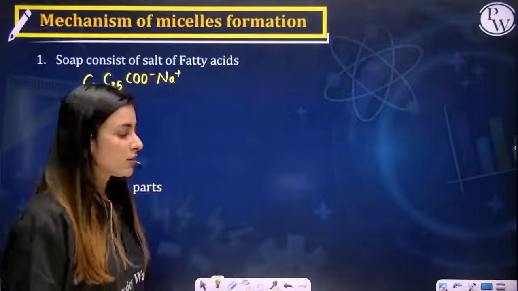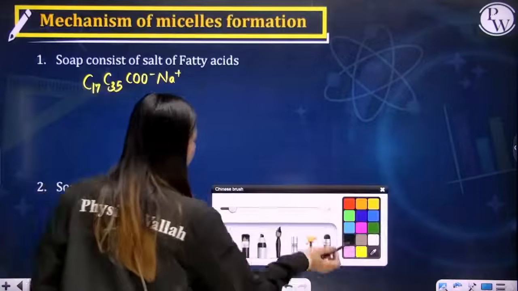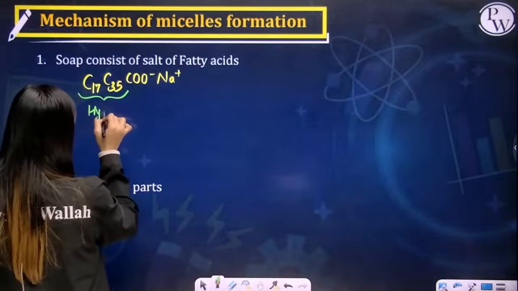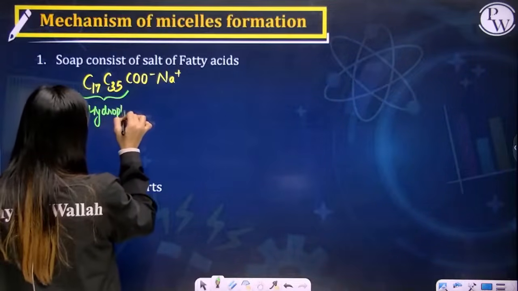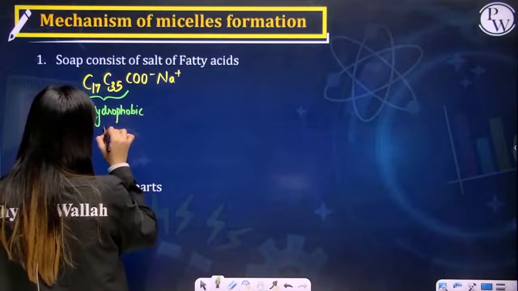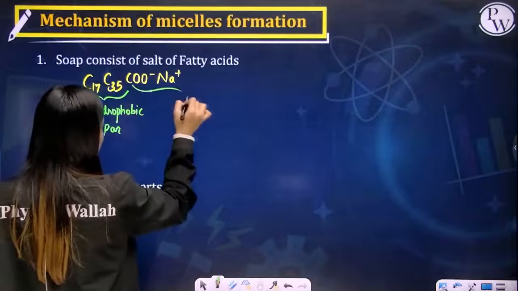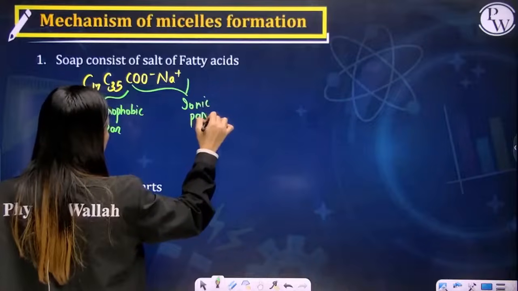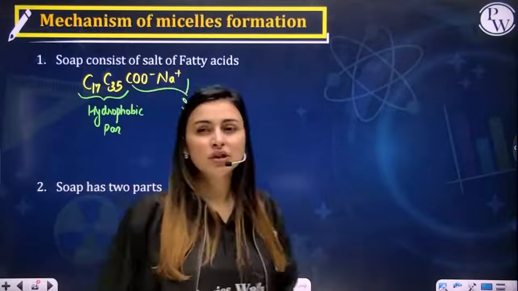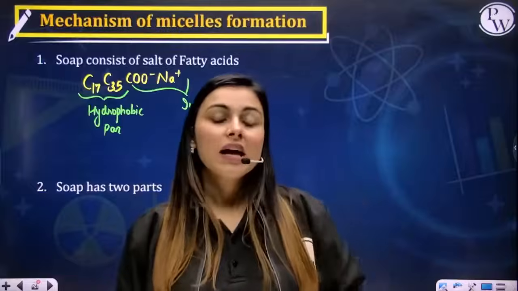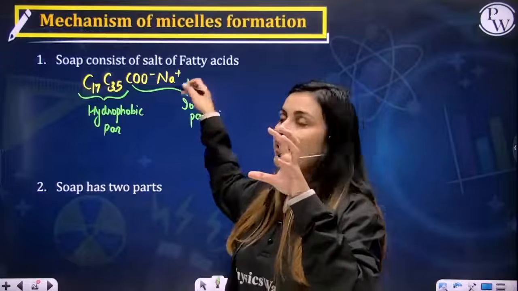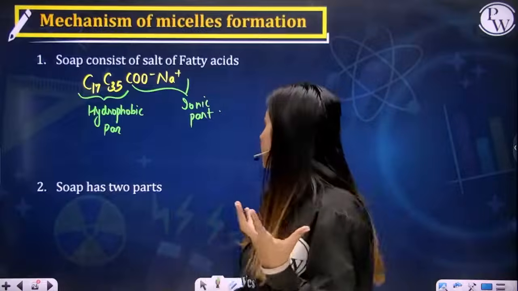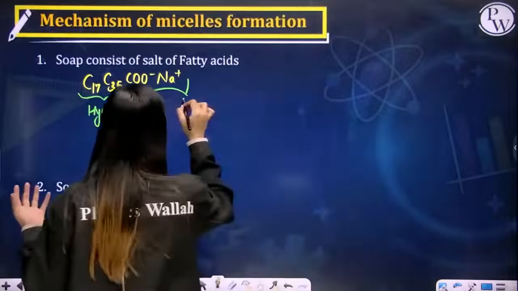When you see this soap, you will see a very large hydrophobic part here, and here is some ionic part. So in a soap you have a long carbon chain which is hydrophobic in nature, and then you have this COO negative Na positive part which is ionic in nature, that is, hydrophilic in nature.